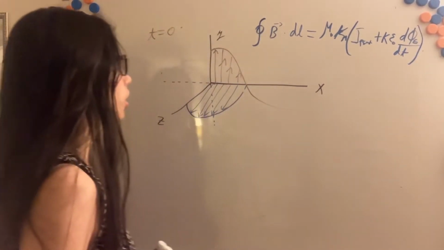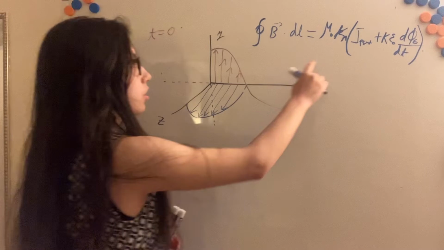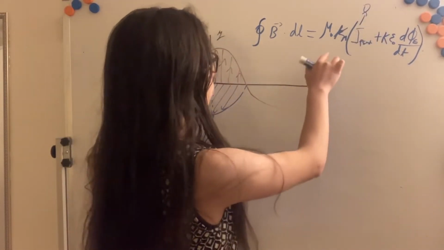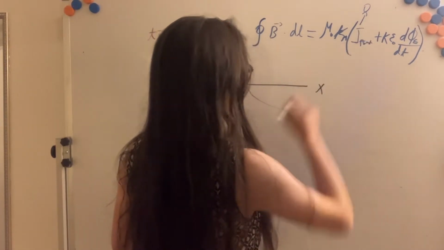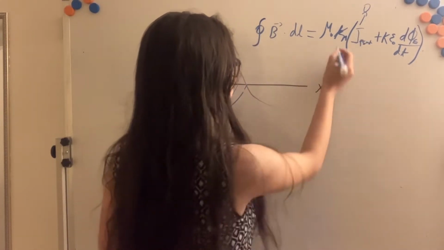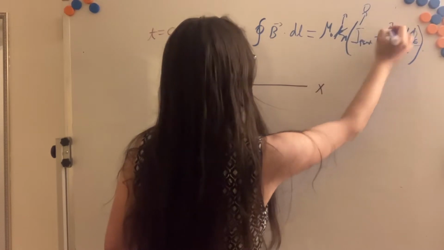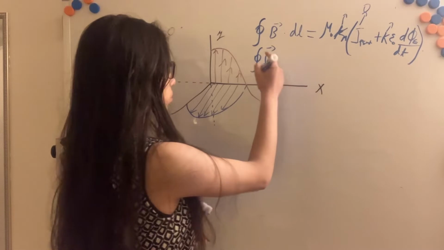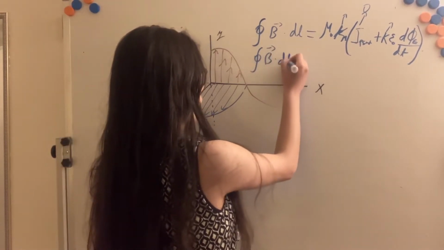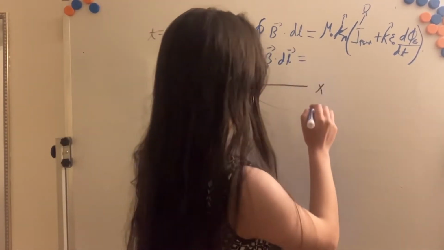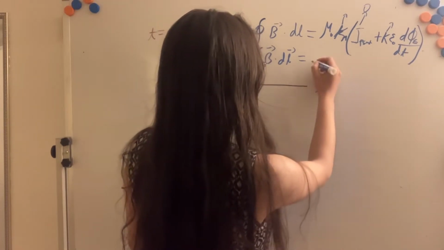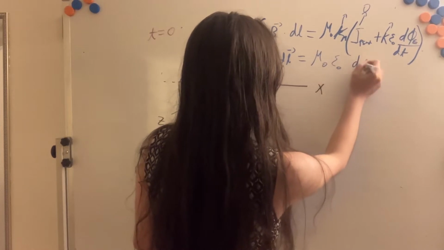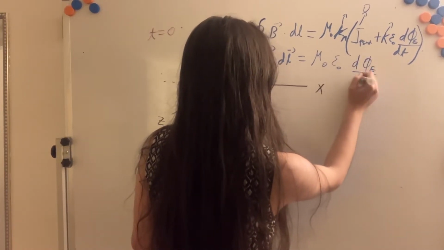In this case, because we are in vacuum, there is no penetrating current, so this is 0, and the magnetic permeability and the dielectric constant are 1. So we just have that the closed loop integral of B dot dl is equal to mu naught epsilon naught times the change in flux of the electric field in dt.